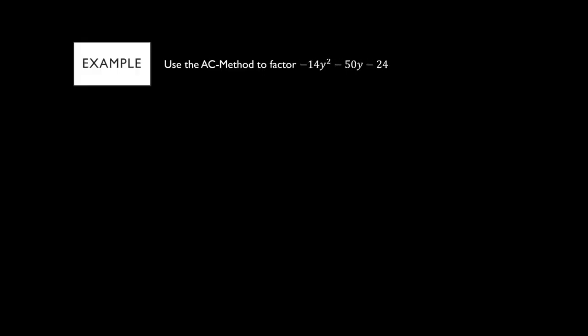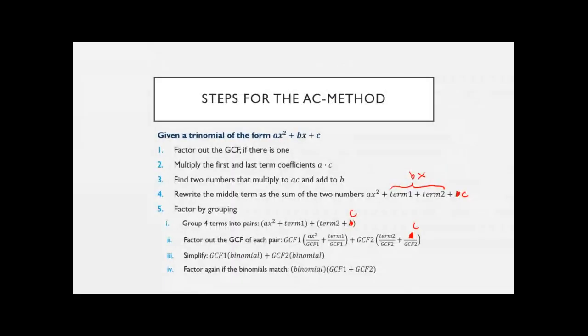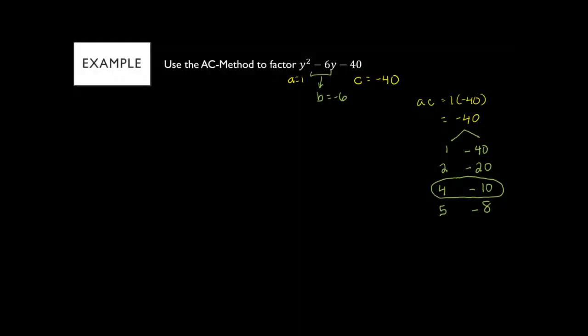So I'm going to take my expression and rewrite it here. I have my y squared, and instead of writing -6y, I'm going to take my pair of numbers here.